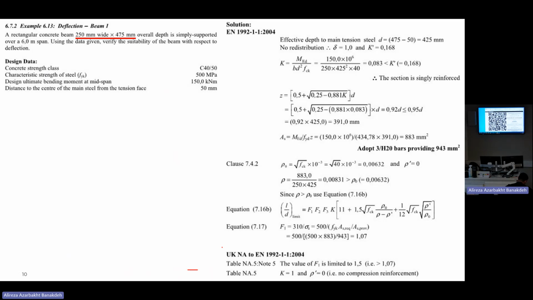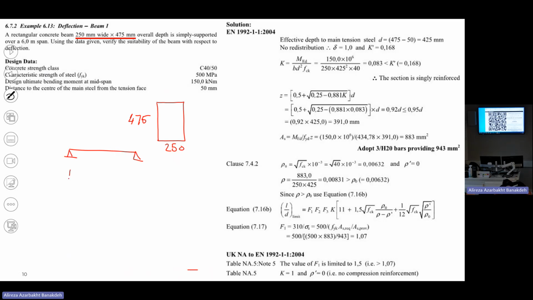Shall we continue? The first example, 6.13, says: consider a rectangular concrete beam, 250 millimeter by 475, a simply supported beam with a length of 6 meters.